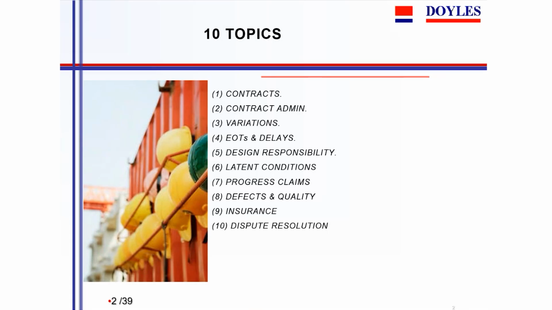Now, of course, all of these topics interact with other topics. And so in some of the discussions we'll have today, we will deal with matters in other topics, and we'll review them when we come to them in turn.